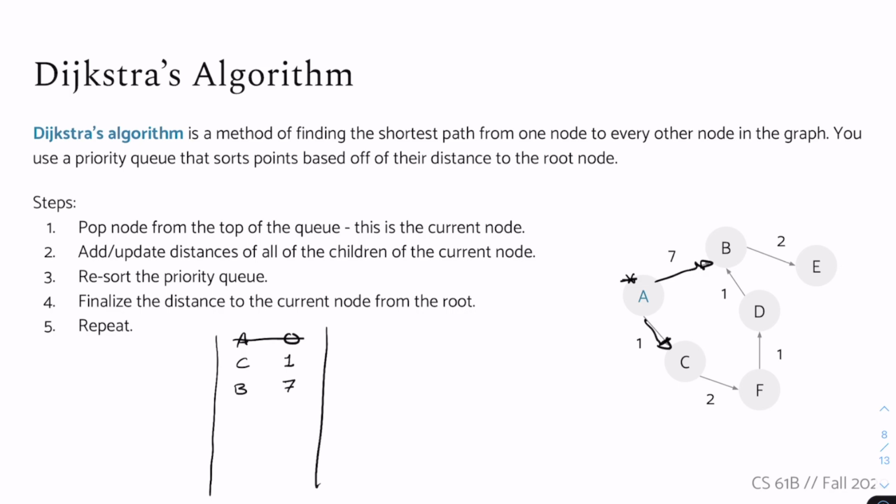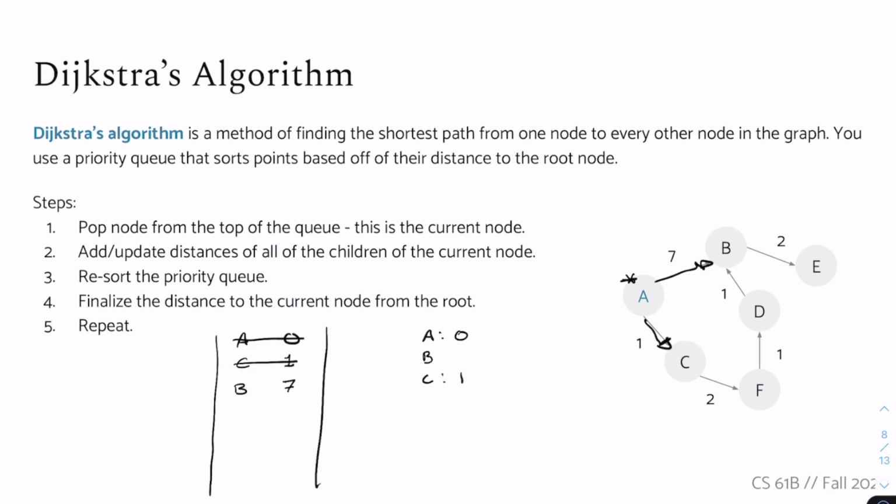Now we're going to pop C. Once we've popped something, it's set. This is the final distance to that item. So the final distance that we determined from A to A is 0. The final distance we've determined for A to C is 1. That's that. But until we pop something, we can still edit its distance.